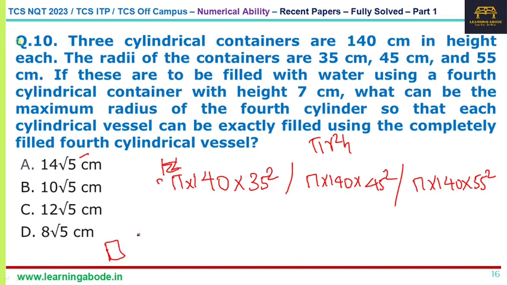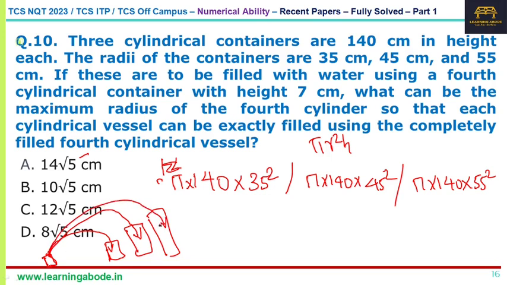Now you have three different sizes of container. You have one container like this, another one bigger, and another much bigger. Now you have a fourth container, which is a small container. You are going to fill this small container completely, x number of times for the first one, y number of times for the second one, z number of times for the third one.